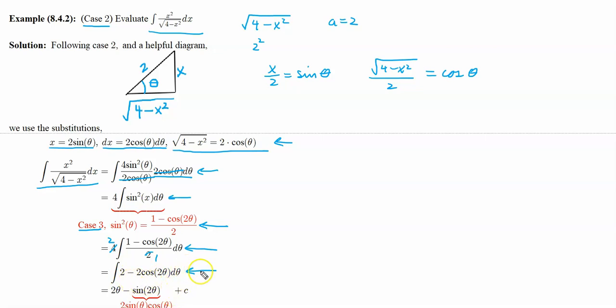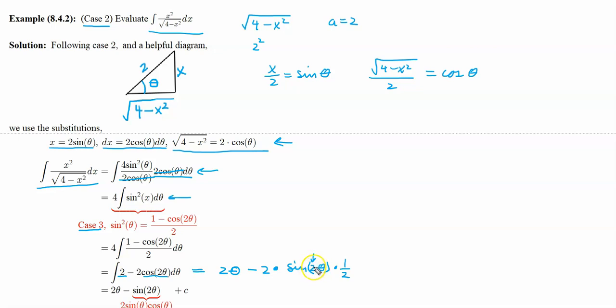All right, now you'll notice that from here, let me just elaborate on something. The integral of 2 d theta is just 2 theta. Now the antiderivative of cosine 2 theta, that's going to be the sine of 2 theta times 1/2, right? Little integration by substitution there. Just notice that if we were to differentiate this, we would pick up an extra 2 that we don't want because of the chain rule.